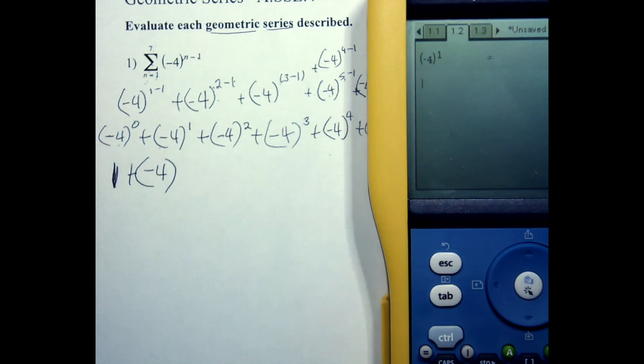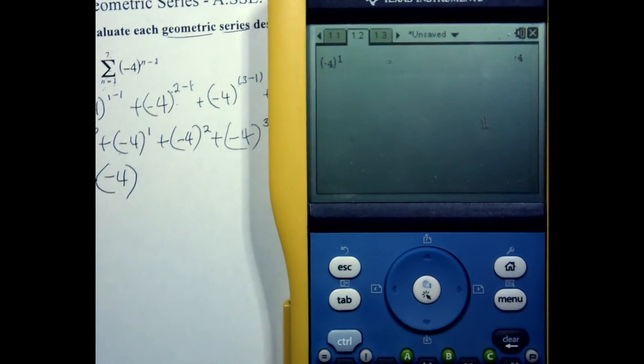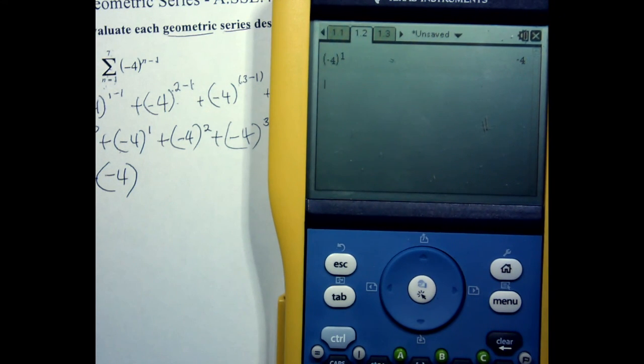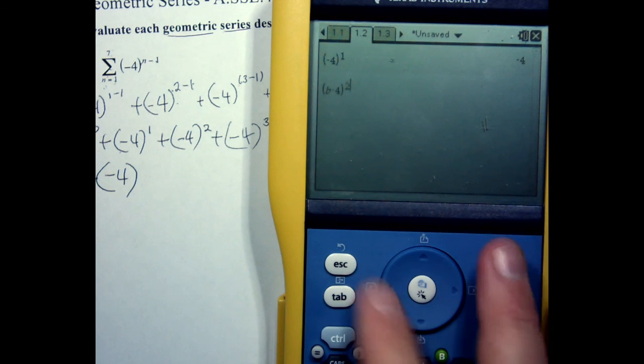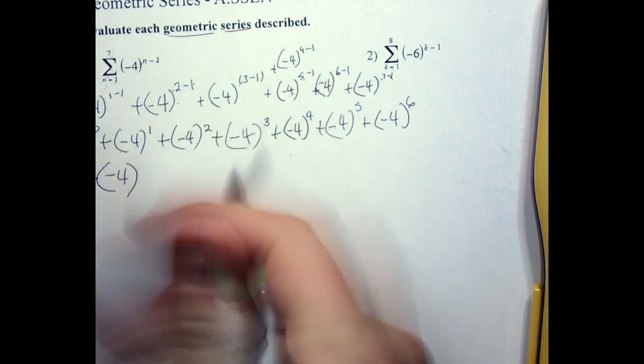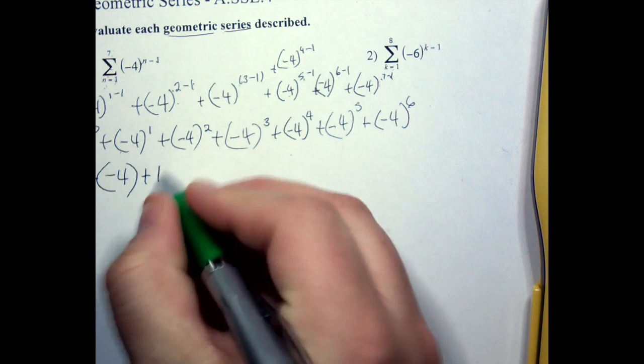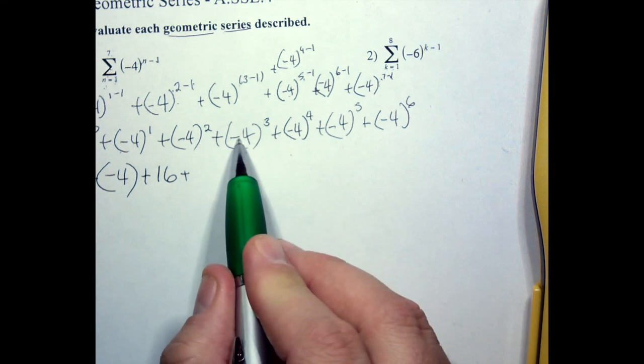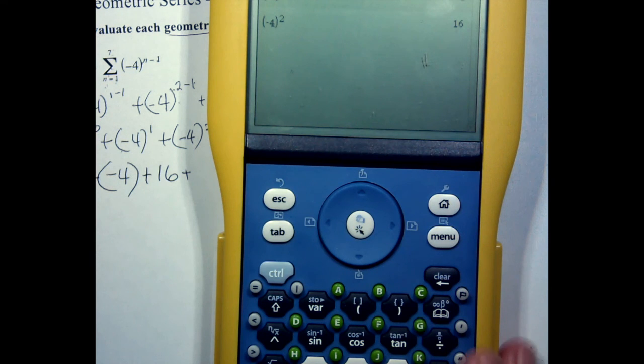What's negative 4 times negative 4, or negative 4 squared? Again, I start my parentheses and say negative 4 raised to the 2. So that becomes positive 16, plus negative 4 to the 3, which would be negative 4 times negative 4 times negative 4.